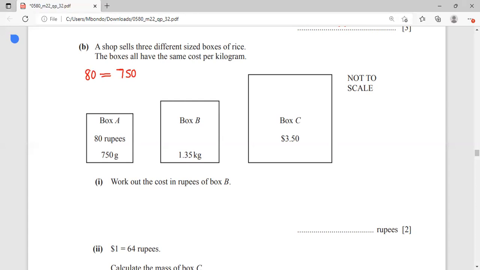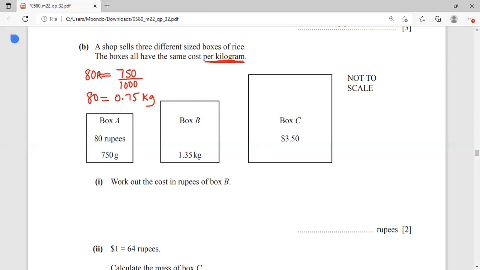But we need to find the cost per kilogram. So to convert this 750 into kilograms, we need to divide it by 1000. So what are we going to get? When we convert this, we'll get that 8 rupees is equal to 0.75 kgs, isn't it?